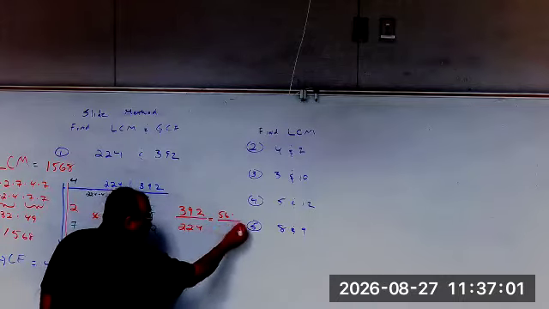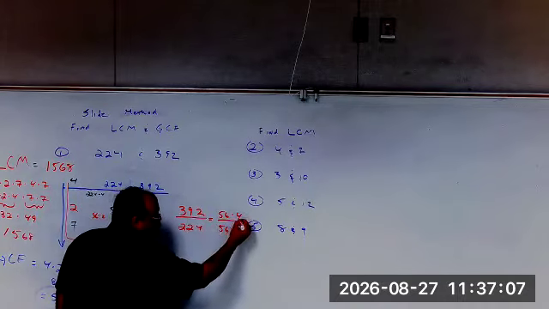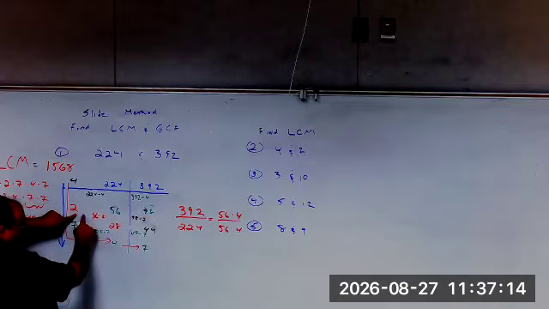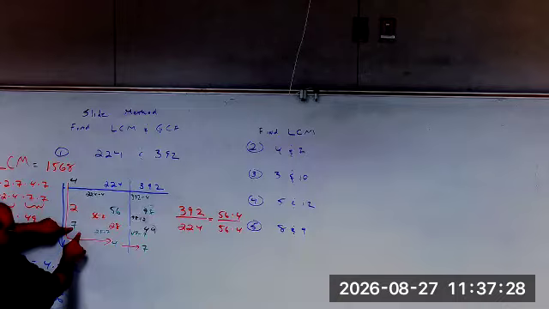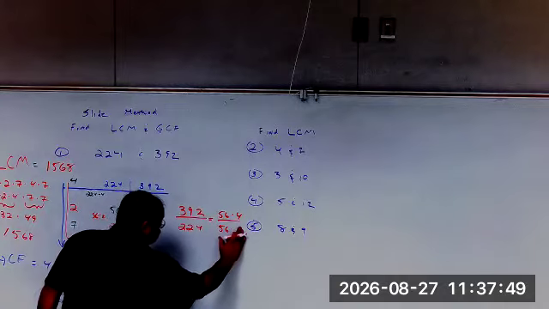So 56 times, this is 56 times 4, and this is 56 times 49?